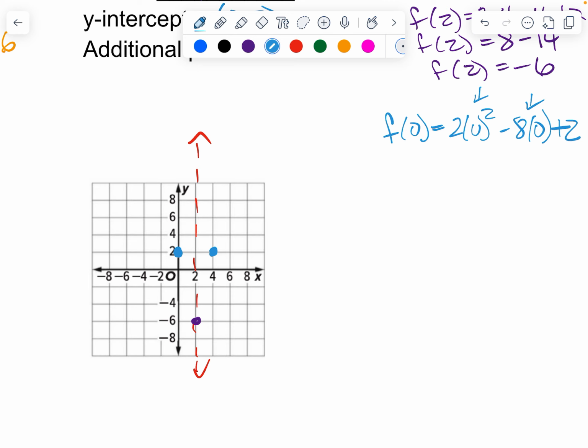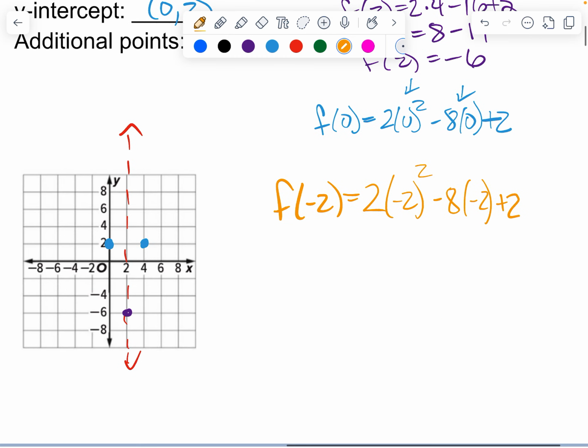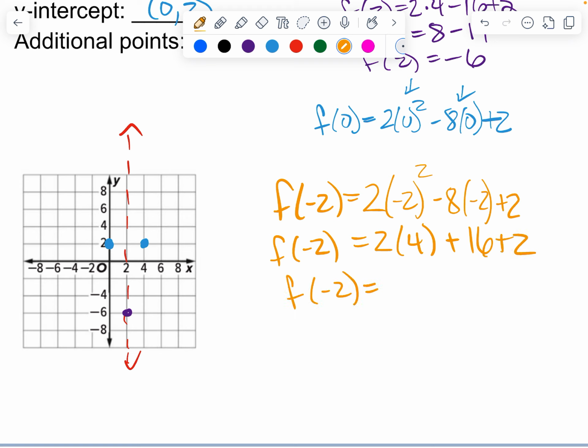I'm going to plug in a -2. F of -2 equals 2 times -2 squared minus 8 times -2 plus 2. Is it plus 2? Yes. So f of -2 equals 2 times 4 plus 16 plus 2. 8 plus 18.